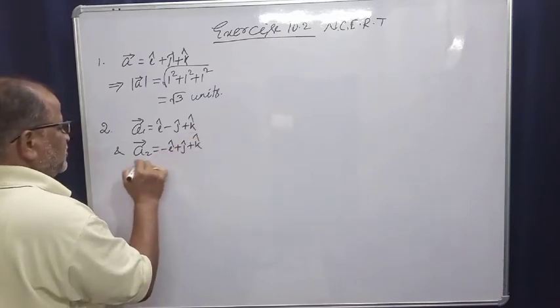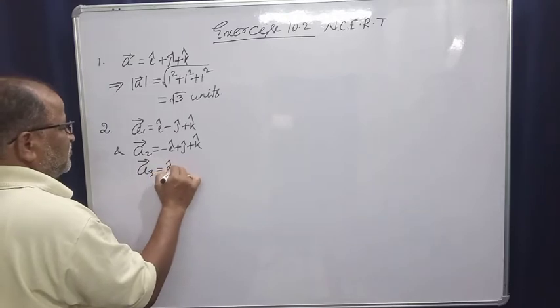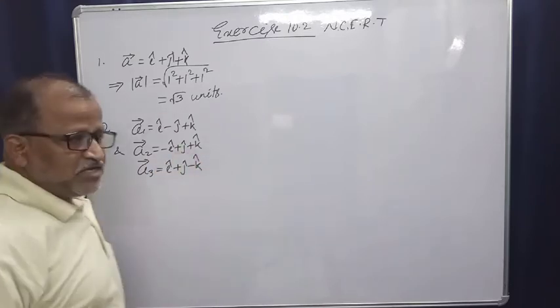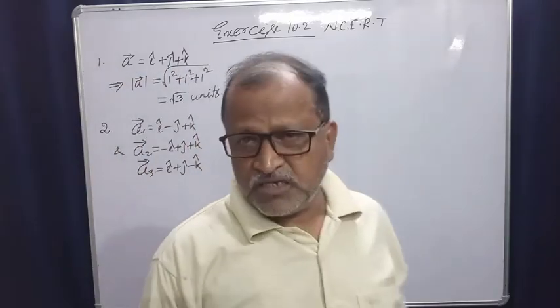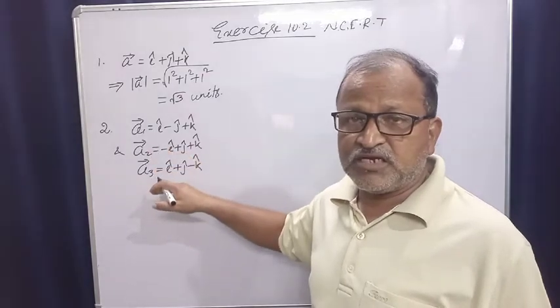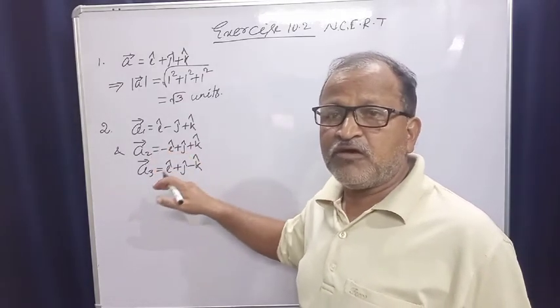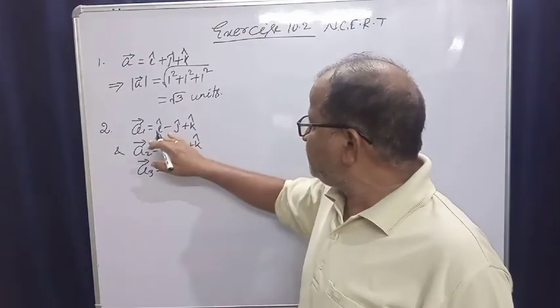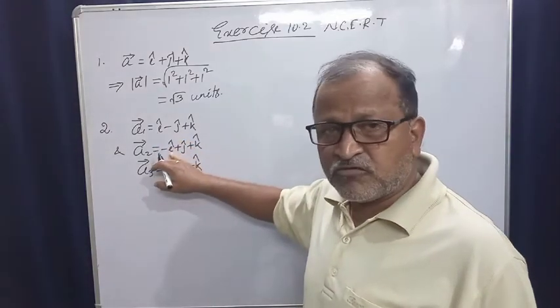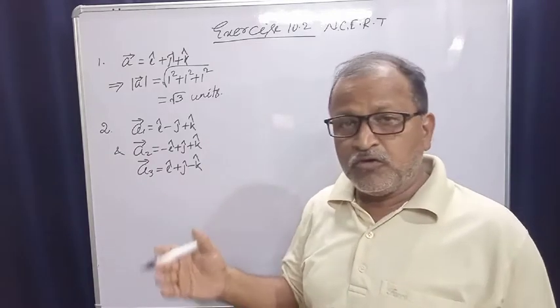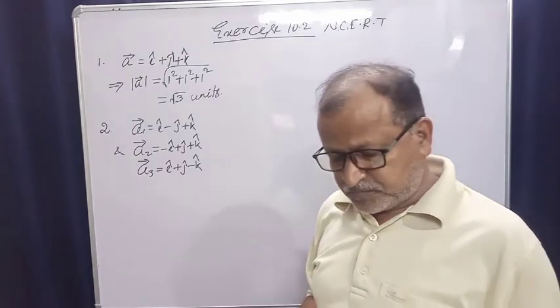A3 is I cap plus j cap minus k cap. You see the magnitudes of all these three vectors. All these three vectors will be equal. The magnitudes will be same. It is of root 3 unit. This is also of root 3 unit. All are having magnitude root 3 units.